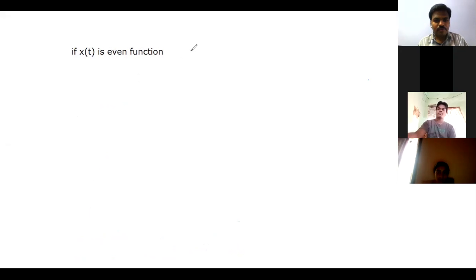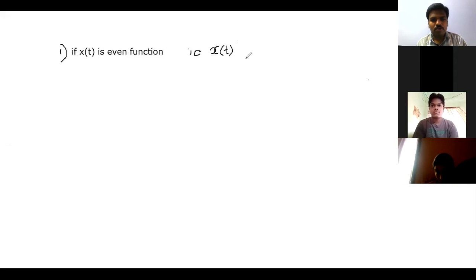So x of t is equal to x e of t. That means x of t, the given function, only has the even components of the function, and x naught of t is equal to 0.